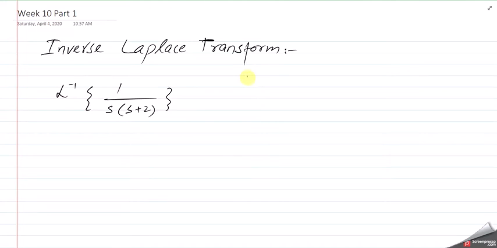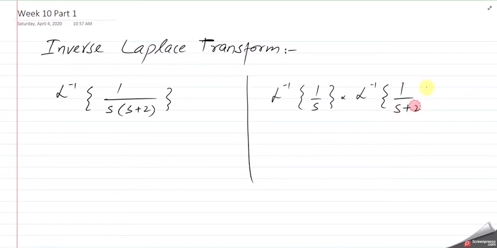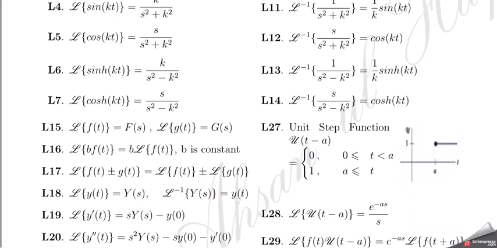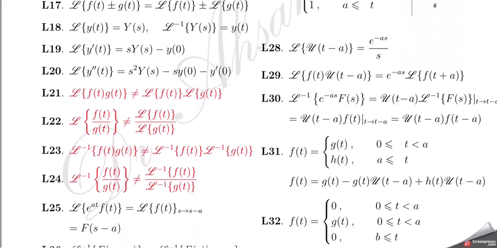What we cannot do, for example, is write Laplace inverse of 1 over s multiplied by Laplace inverse of 1 over s plus 2. This is very wrong actually. From the formula page, look at formula 32.